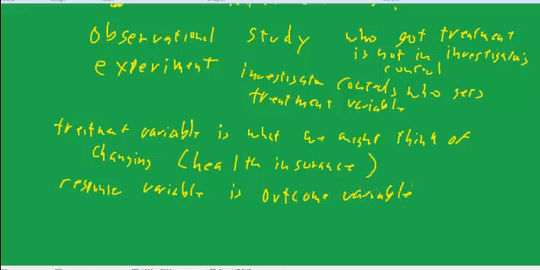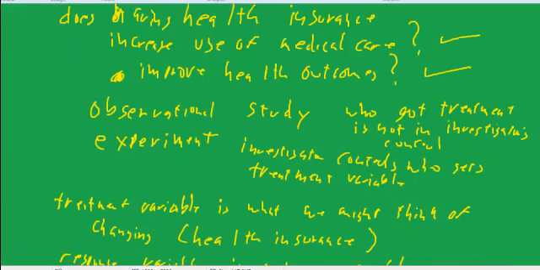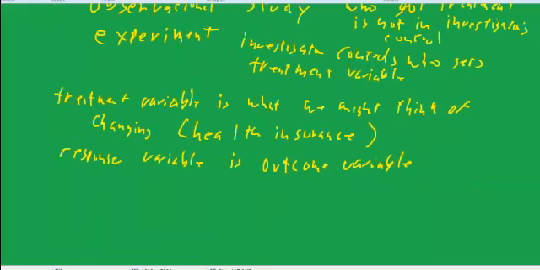And in this case, we had two outcome variables to think about. One of them was the use of medical care. We could measure people's spending on medical care as the outcome variable, or health outcomes. We could, for example, use death rate as a measure of health outcomes. So those would be response variables.